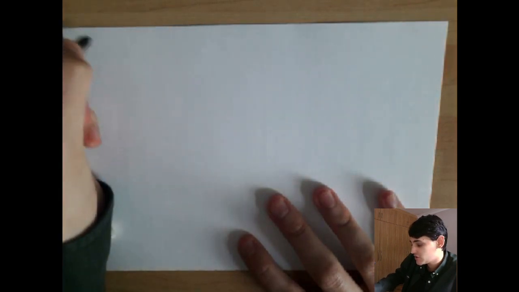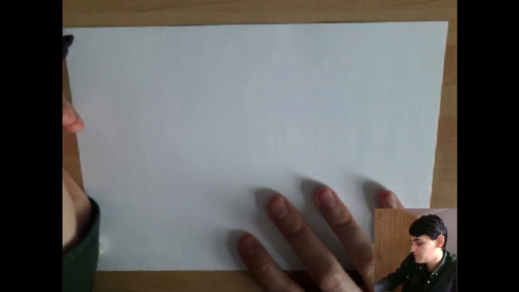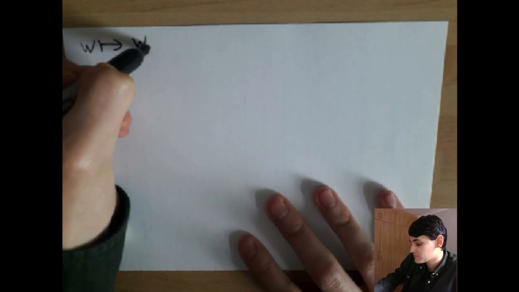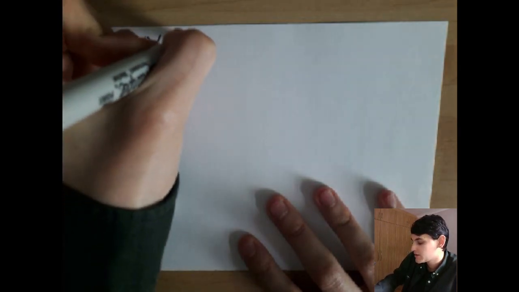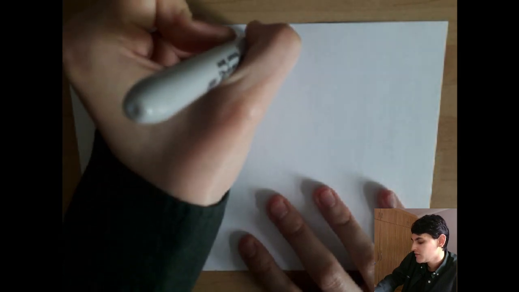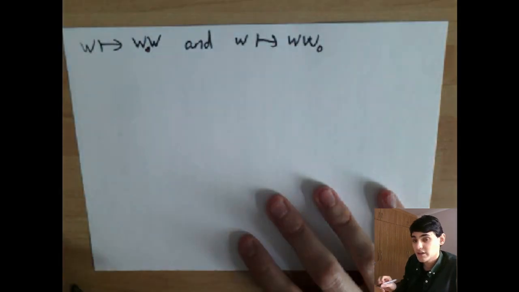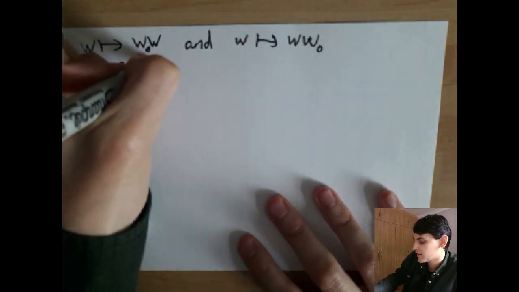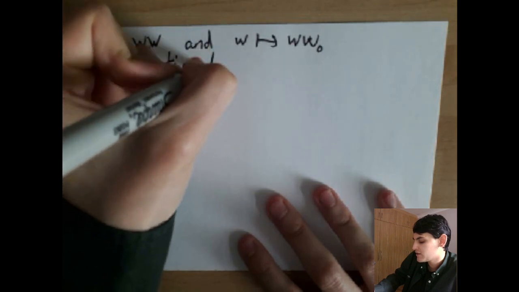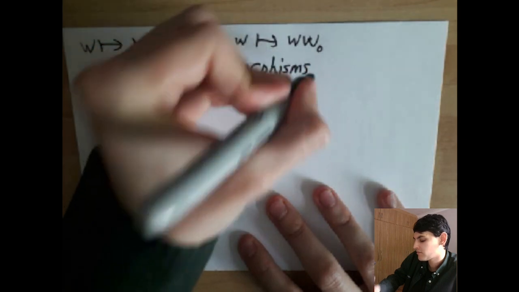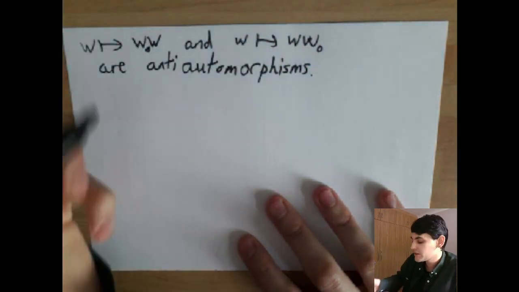Firstly, we acknowledge that multiplication by the maximal element on either side gives anti-automorphisms, so they flip the order.